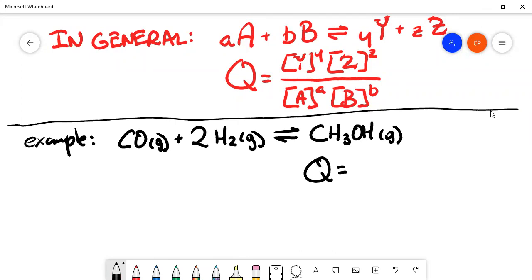And there's a pattern in how you write these reaction quotients that follows the chemical equation. First thing you ask is, hey, what's my product? Because my product is going in the numerator. What's my product in this reaction?